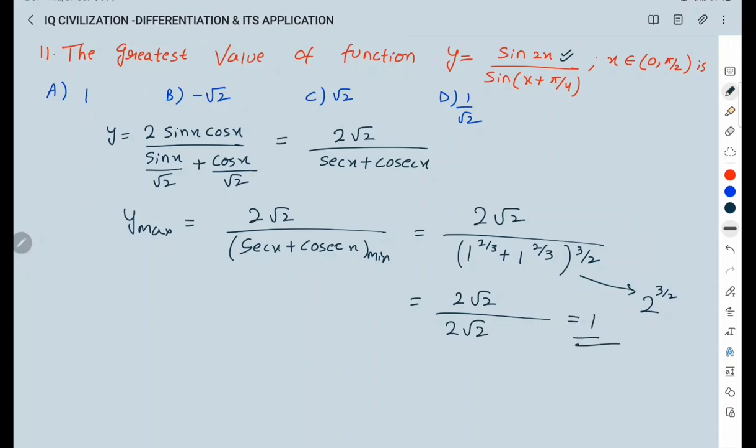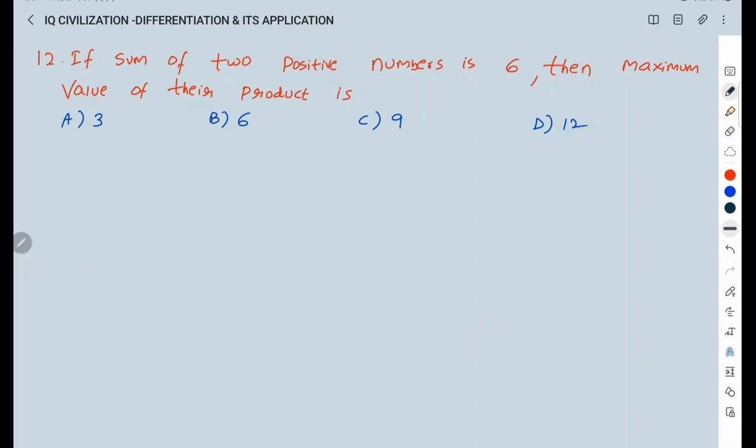Okay, next one. Whenever a question is in this form, like the sum of two positive numbers is some number, and we have to find the maximum value of the product, then the trick here is to divide the given number into equal parts.